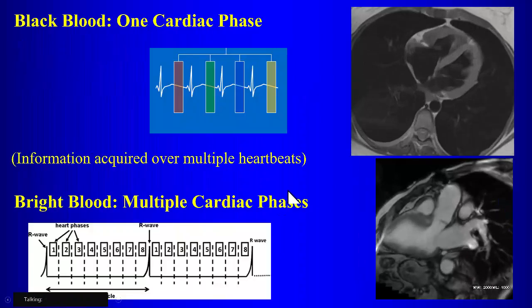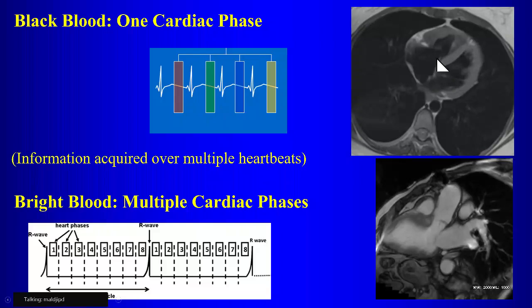And you get movies. That's what enables you to evaluate the cardiac function and to derive functional parameters from your imaging. So with the black blood techniques, we're only looking at one cardiac phase. We're just getting one image, and that one image is at a particular phase in the cardiac cycle. It may be in diastole, but it is in one particular phase of the cardiac cycle, even though the information is acquired over multiple heartbeats.